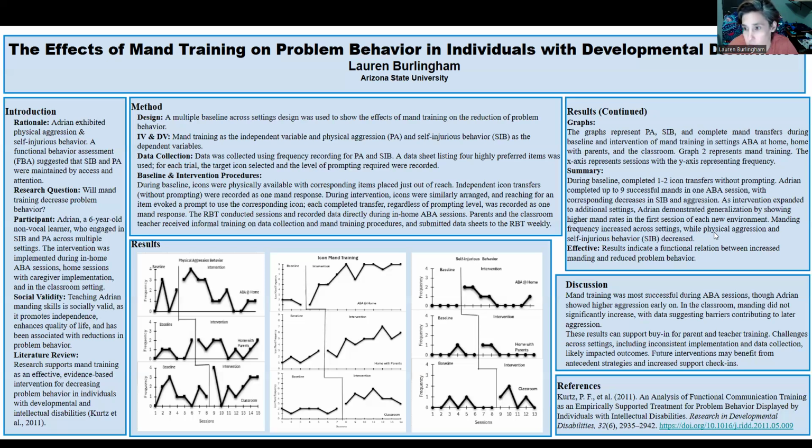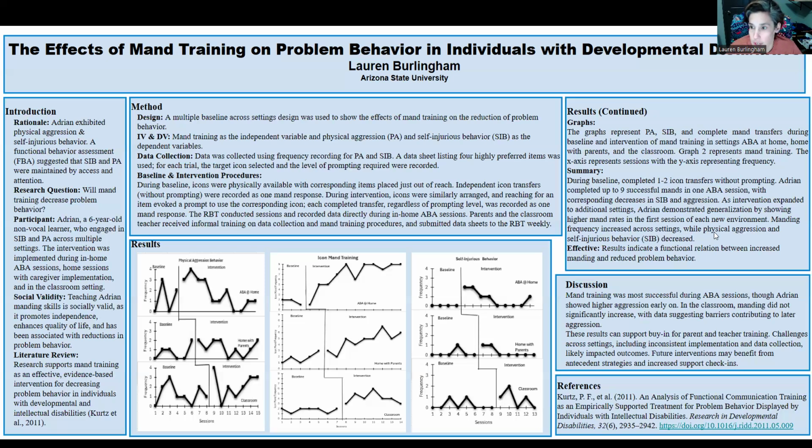The independent variable being the man training, and the dependent variables being physical aggression and self-injurious behavior. For data collection, I simply used a sheet and targeted 4 different preferred items. A few of those were food items. One of those was bubbles. So it was bubbles, goldfish, granola bars, and hot tamales.